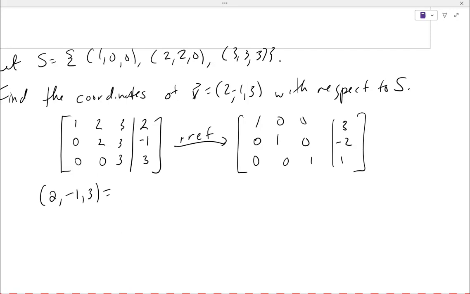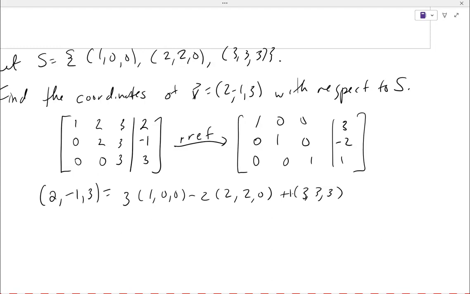It's 3 times the first minus 2 times the second plus the third, right? That's how we do that. So this is 3 times (1, 0, 0) minus 2 times (2, 2, 0) plus 1 times (3, 3, 3). You did this on the homework, I hope. Okay, so that's how we write it as a linear combination.